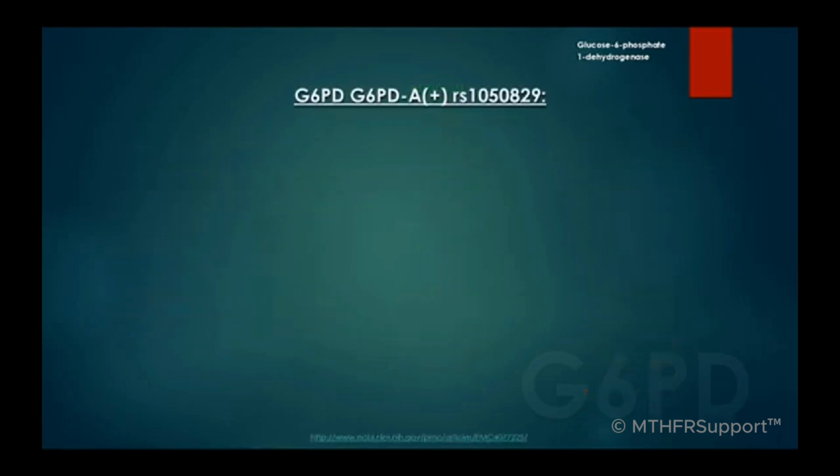G6PD A positive, rs1050829. Both females and males are more vulnerable to anemia. G6PD, rs1050828.